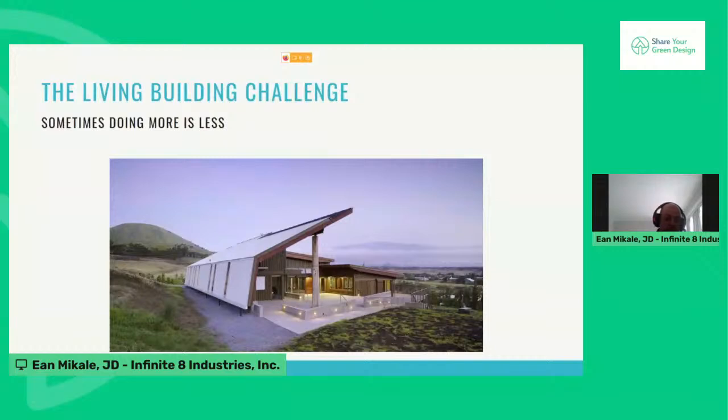The Living Building Challenge is interesting. It's one that we've been involved with since about 2015, where we did a feasibility study for a $50 million project. And the Living Building Challenge is the highest green certification in the world.